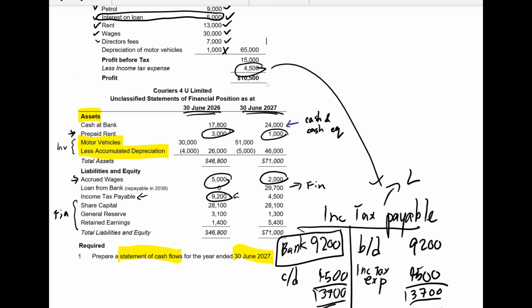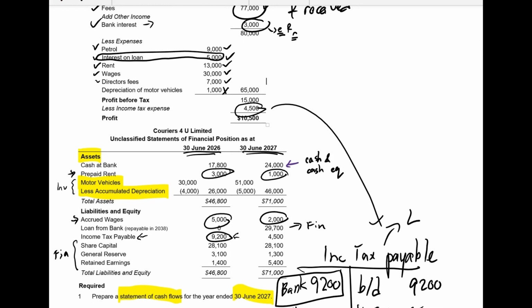But if the question didn't say that they sold any motor vehicles, it means the company didn't sell any during that year. Accumulated depreciation has increased by 1,000, from 4,000 to 5,000. This is because if you look at your expenses, there is a depreciation of 1,000. So the increase in accumulated depreciation is due to that expense.